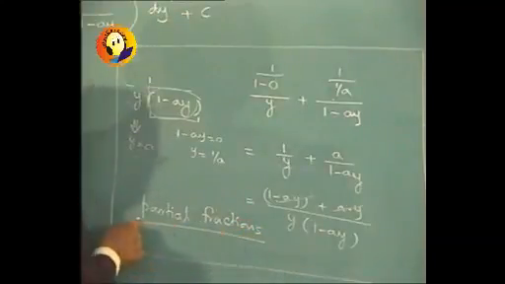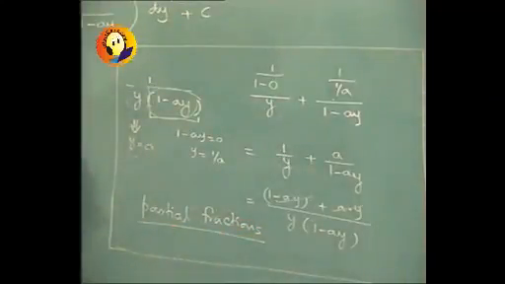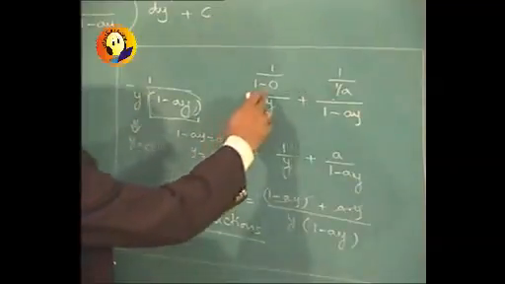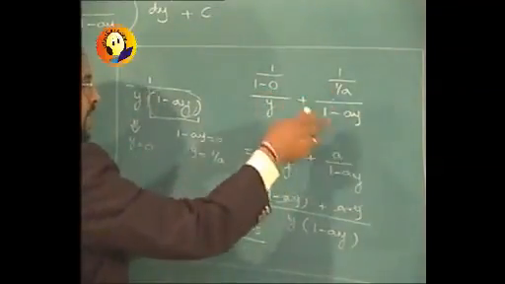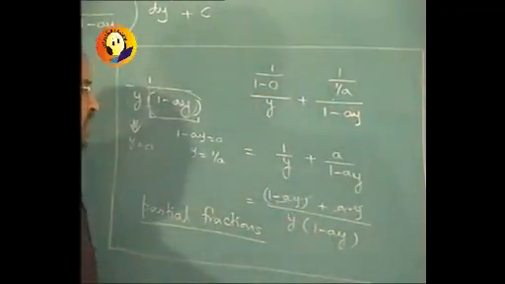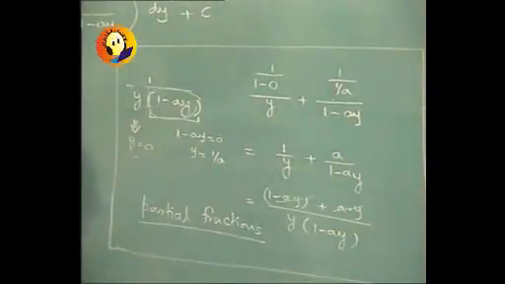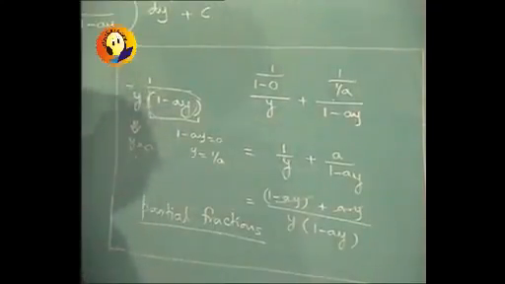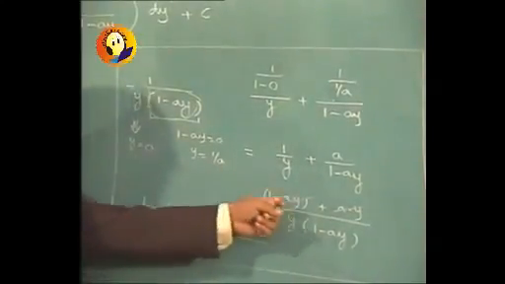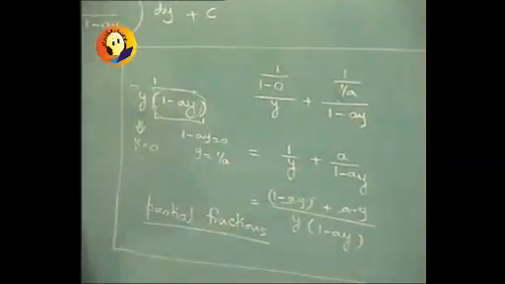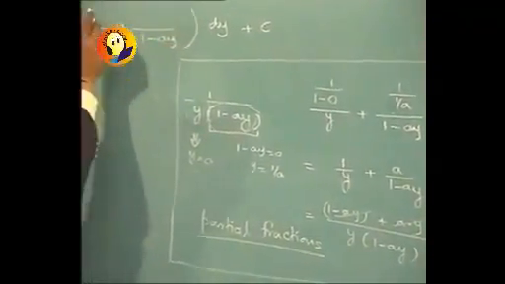Of course, it is also suggested that you can go for writing the numerator as say C1 and C2 and then take LCM and then match the numerator. But so far as the single degree terms are concerned, this particular procedure will be faster as compared to anything else.